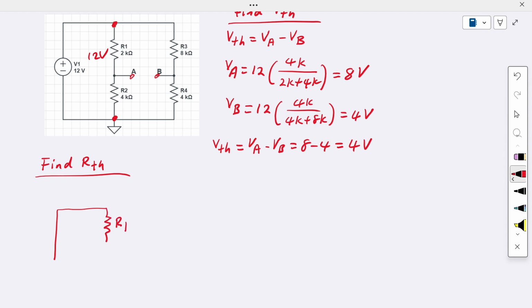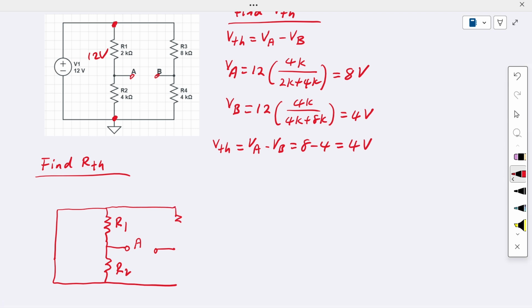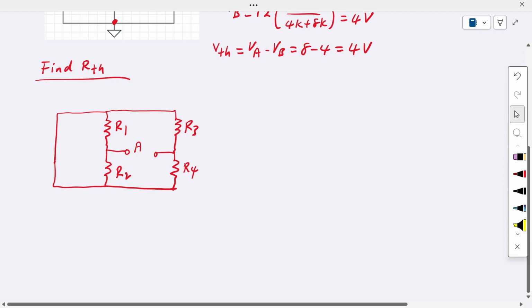This is our R1, and then we have this node A, go to this R2, and then we have this node B here, connected to resistor 3, and then go to R4. So what is the RTH between A and B in this circuit?